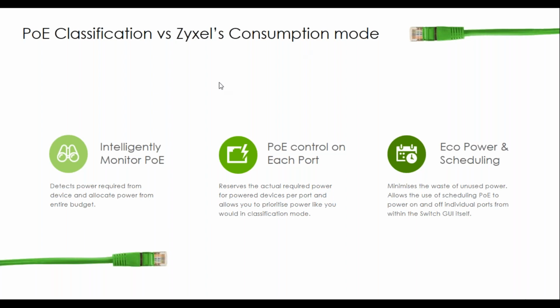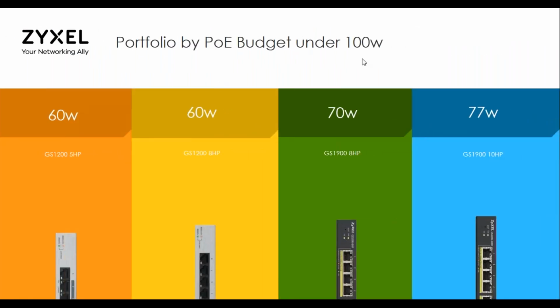Going to the portfolio, which is a little repetitive of what we have. It's mainly about, of course, the way of managing and the power budget. Again, you need to differentiate between the standard, which tells you how much power you get per port, and the wattage you see on the switch, which is the total power the switch can provide. So it starts with the 1200 series, as you can see, 70 watts, then it goes to the 1900 8 ports with 60 and 77 watts.